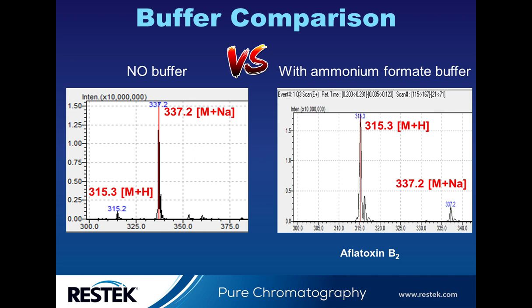I can barely see the M plus H. After I added my buffer, even with a little amount, only 2 millimolar ammonium formate buffer, the situation switched completely, so it greatly reduced the sodium adduct.